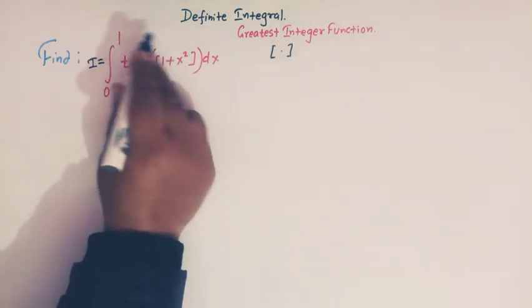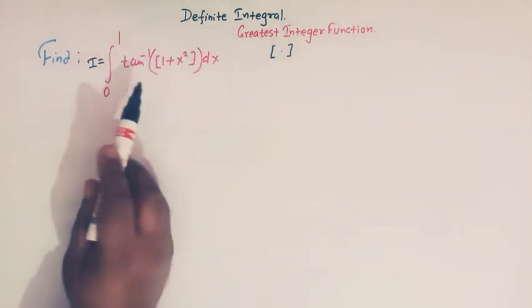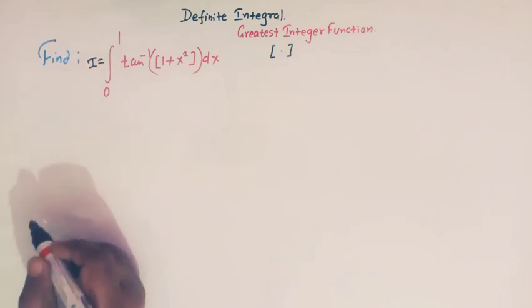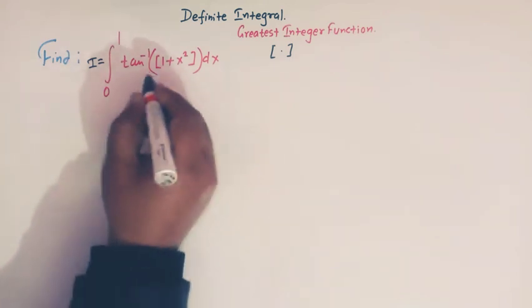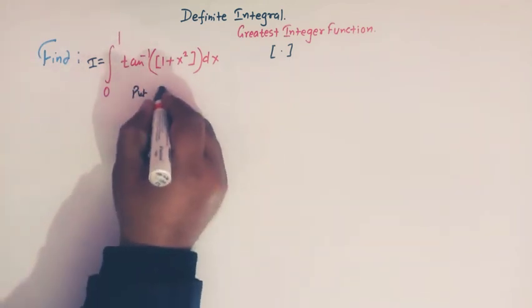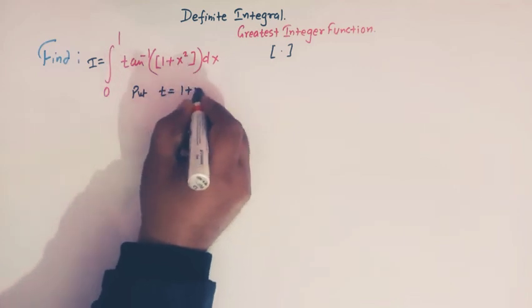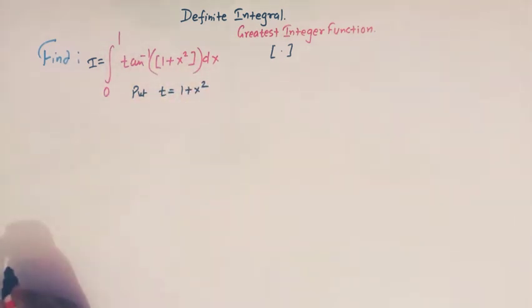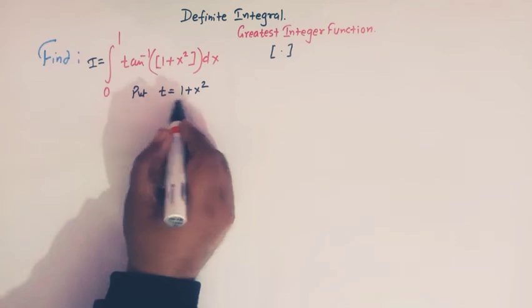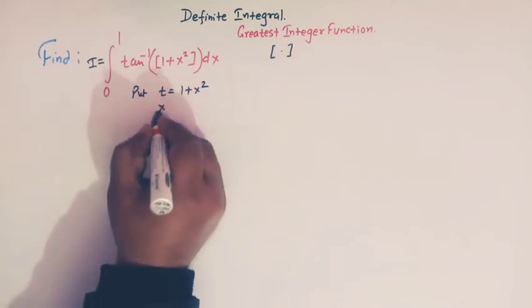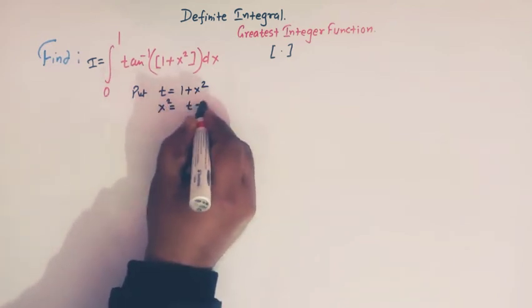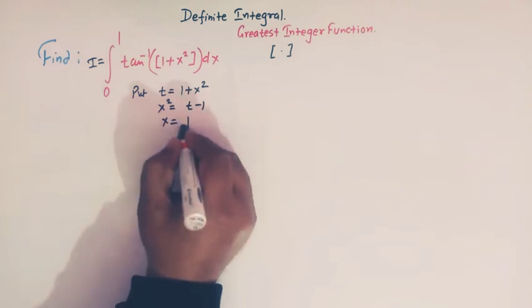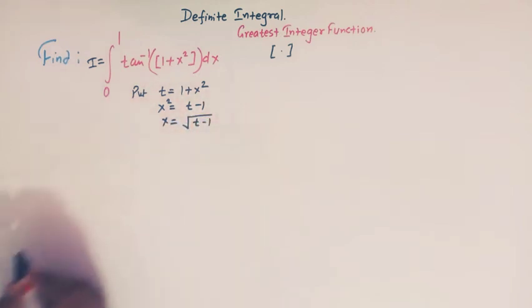Now here we will make use of the method of substitution, and we'll put t is equal to 1 plus x square. So when t is equal to 1 plus x square, then x square is equal to t minus 1, and x is square root of t minus 1.